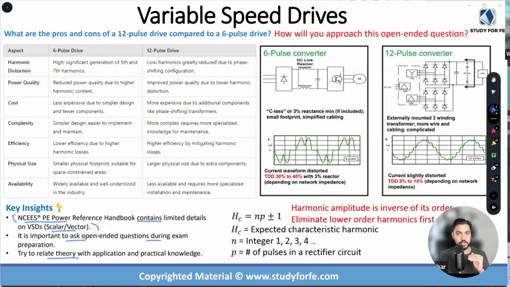Okay, there's a lot of synergy as compared to FE electrical exam where you don't have much synergy. Within sections, obviously you have, but in between sections, you don't, right? So this harmonics discussion actually shows up in section number 4 under the title of power quality. Okay, so I hope you found this helpful, and I hope that you are going to take this approach moving forward with any type of open-ended conceptual problems that you see on the exam.